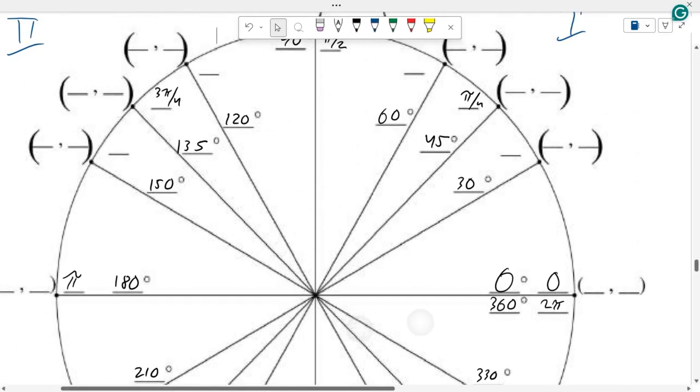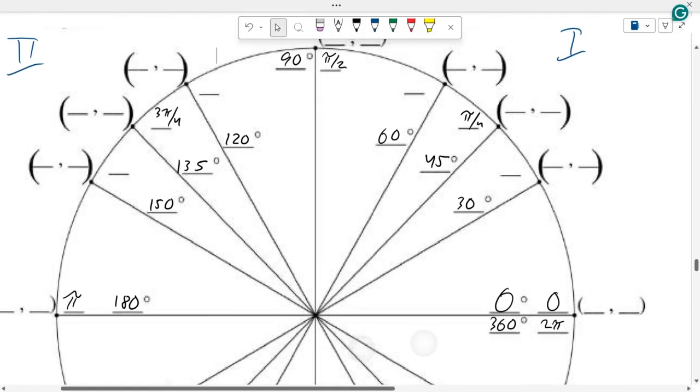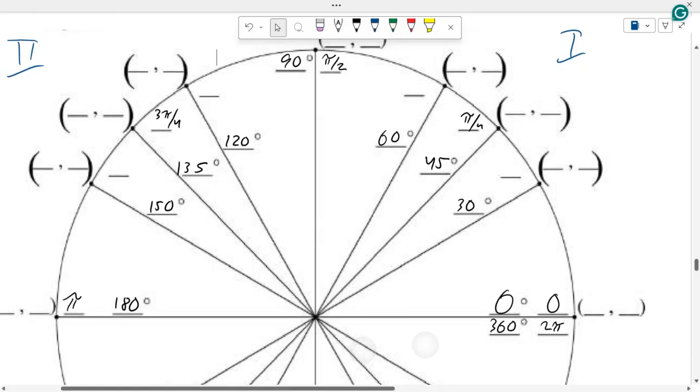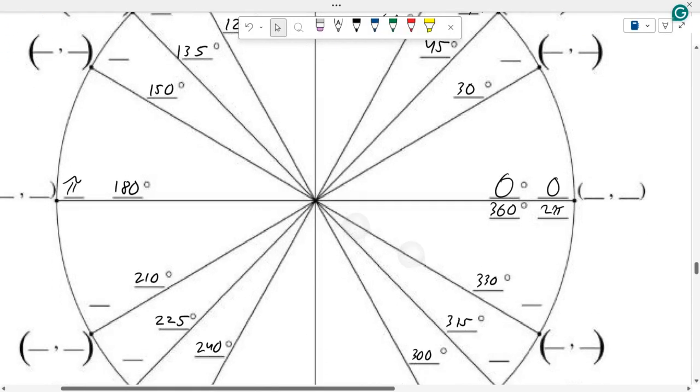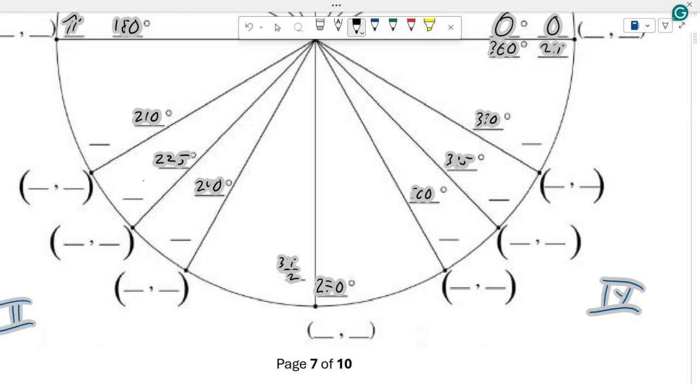Notice that there's a pattern so far: for the two middle angles, the denominator is 4. It's pi over 4 and 3 pi over 4, and that's going to continue. Just like all of your middle angles end in a 5, all of the radian measurements are over 4.